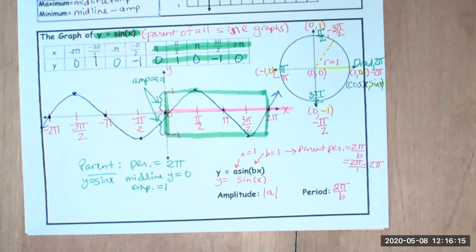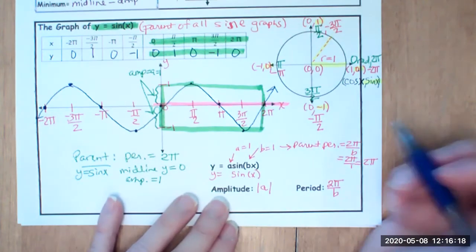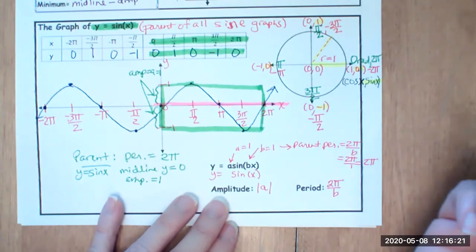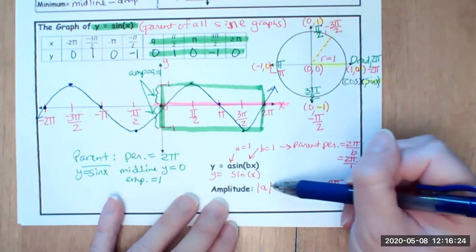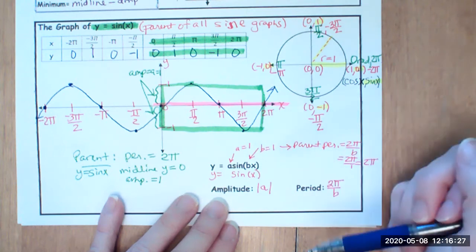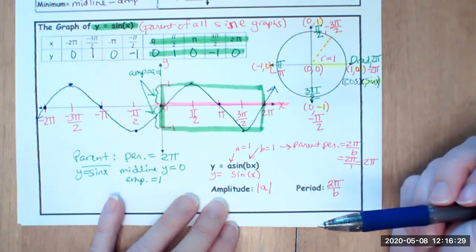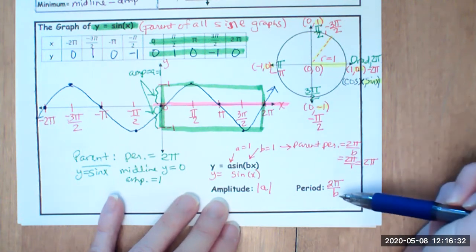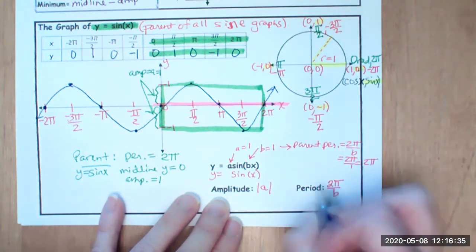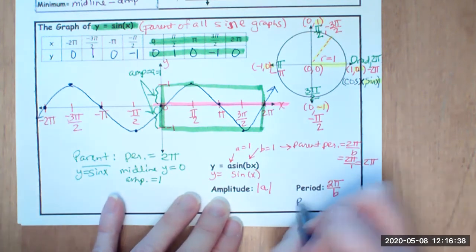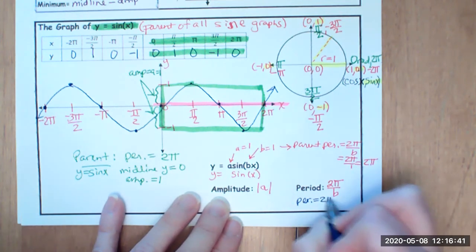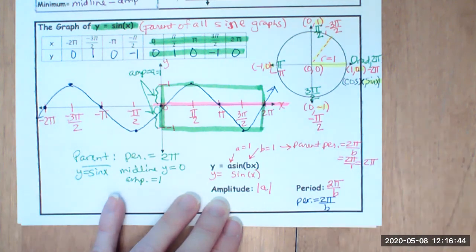Now, another thing to notice for the future is that in certain situations, you're going to be given the period or the amplitude or both and be asked to write an equation from it. And so from the period, you might have to calculate the value of b, basically working backwards. So understand that what we really have here is an equation. The period is equal to 2 pi over b. Well, you know from your understanding of algebra that if I have a variable here, the period, and a variable here, b, if I interchange those, the equation remains the same, right?